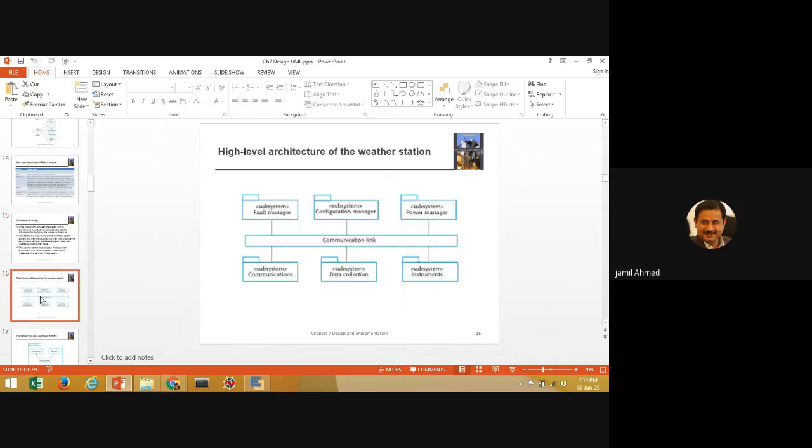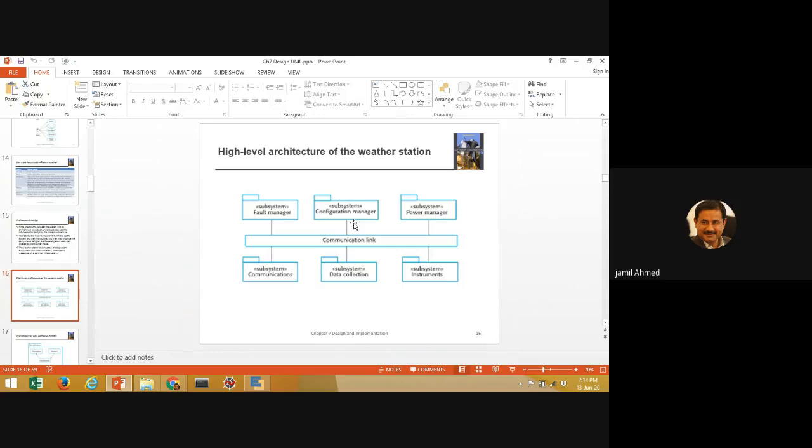So actually, these are the components that have some sort of understanding. The high-level architecture of the weather station has the communication link as common, and then there is a subsystem fault manager who manages the faults, who sees where the fault is existing, and then the configuration manager, as we learned what configuration management is.